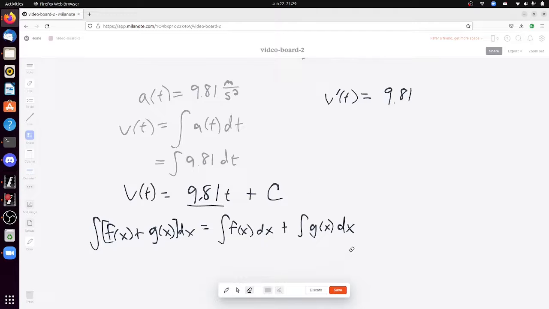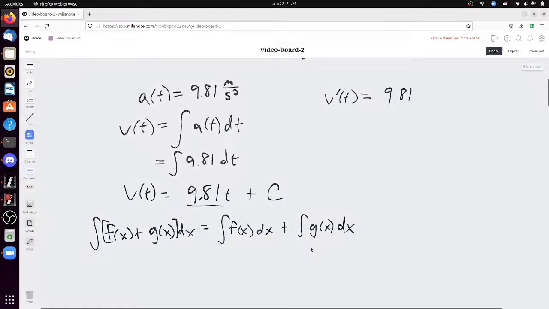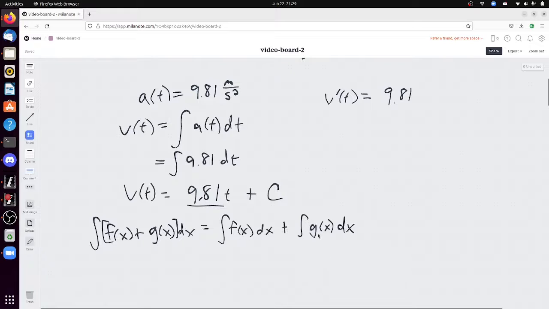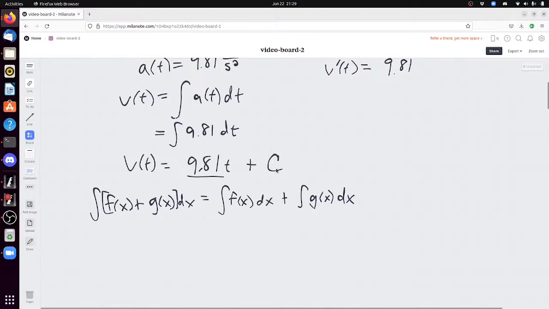But anyway, basically what I'm trying to get at here is that this constant can be arbitrary. It can actually be anything.